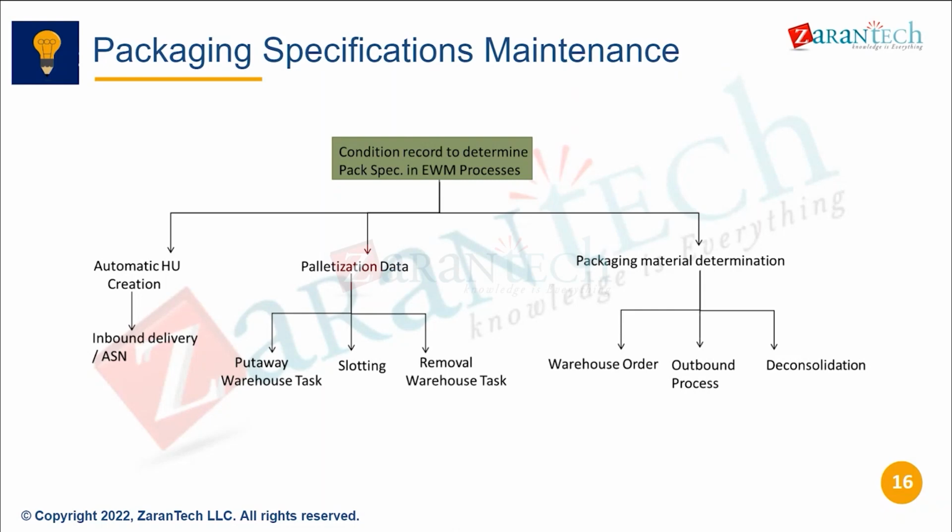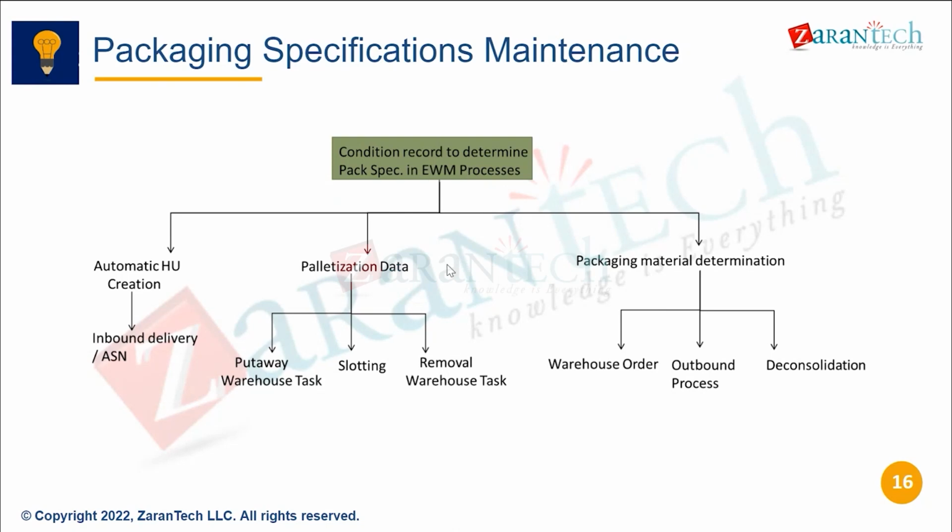Generally SAP follows this. But from the handling unit number, how will I differentiate whether it is a pallet or a box or a carton? For that you'll have the handling unit type, the HU type, as I showed you.